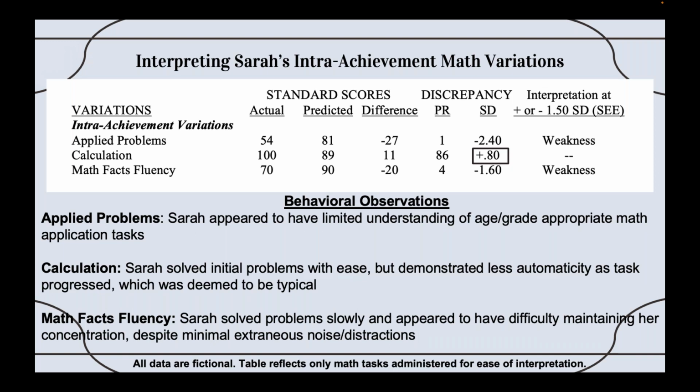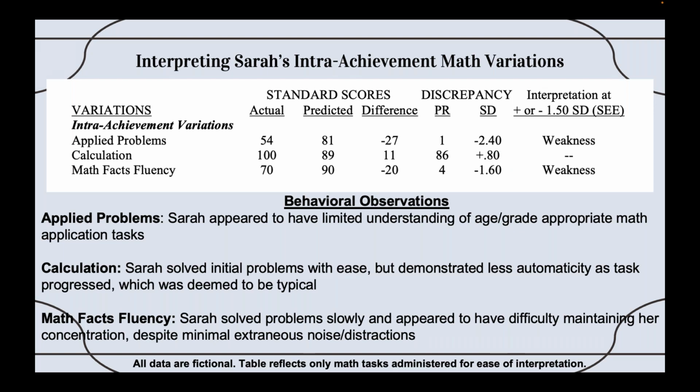Now, that's not meeting the threshold of plus 1.50 or above to be listed as a strength, but at the very least, it's also not listed as a weakness, right? So in this case, the psychologist figures out and says, hey, her performance on this test likely is due to that supplementary instruction she's receiving that specifically targets her calculation skills through that specialized tutoring program.